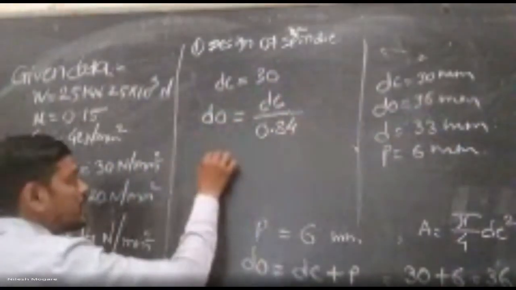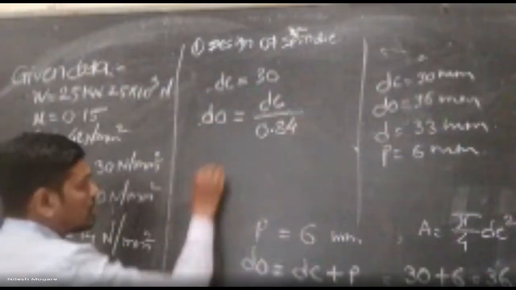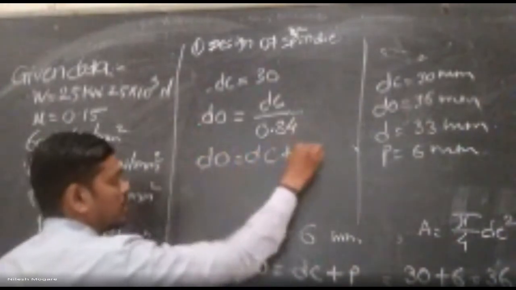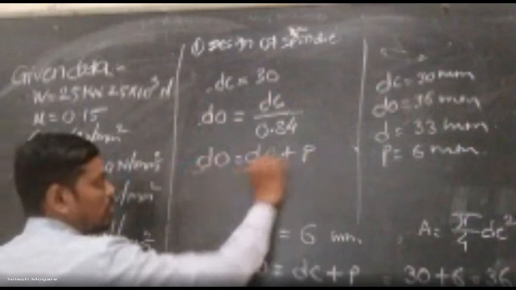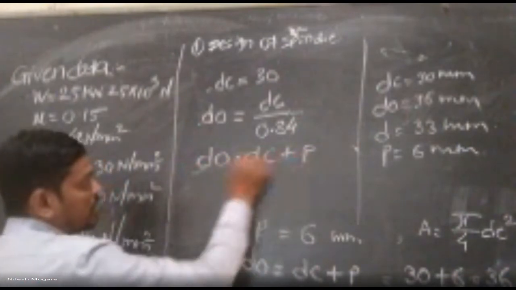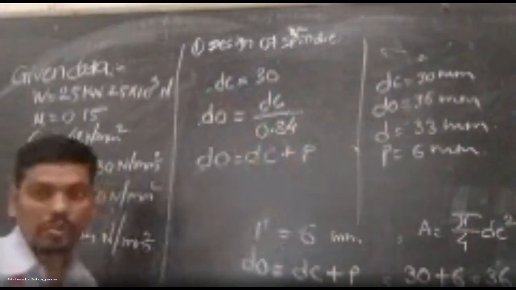With the values of DC and DO, we have the equation DO equals DC plus P. So we can find the value of P: outer diameter minus core diameter gives the value of P.